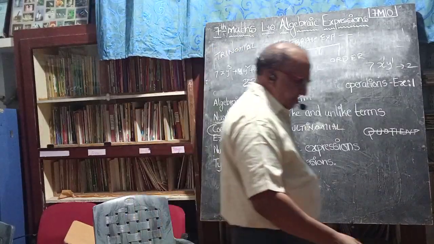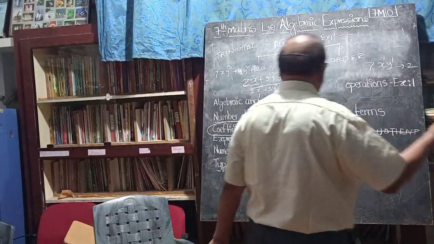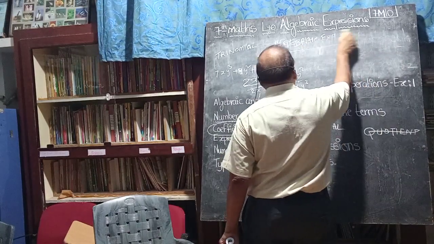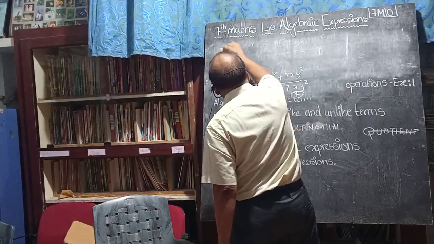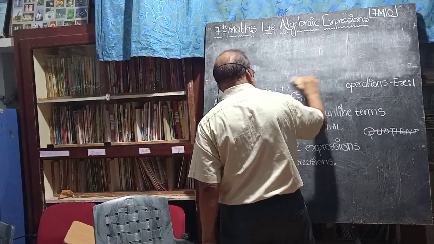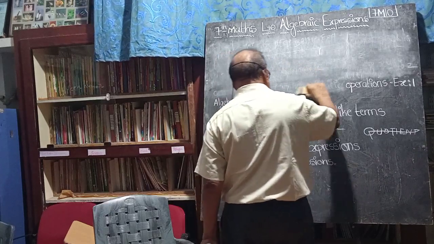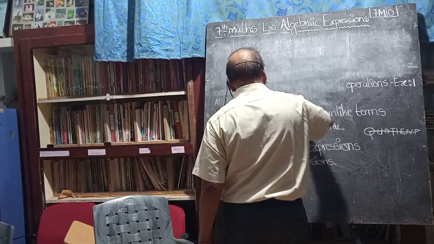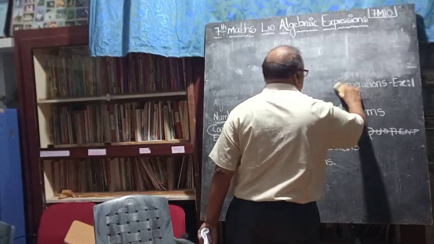Because of the need for space, I'm going to erase some of these, okay? Can you bear with me? I think I remember what I taught here, so I don't need all these things again on the board.